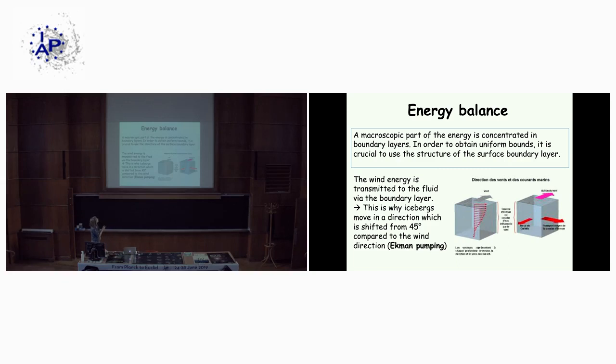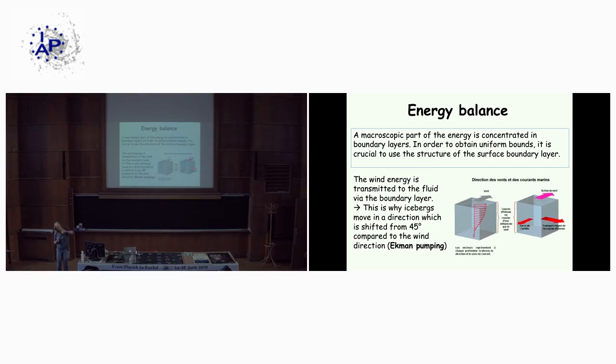I think it's really important. Maybe at some point you saw a picture like this, and this is also maybe just for the later story. This Ekman pumping was discovered by Nansen, who was an explorer at the North Pole. The way they discovered this is that they realized that if you look at the motion of the icebergs, they deviate by an angle of approximately 45 degrees compared to the direction of the wind.